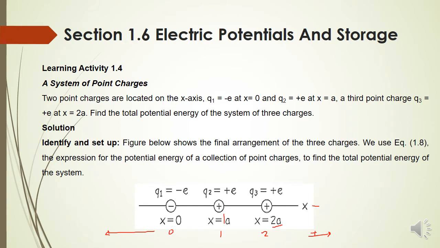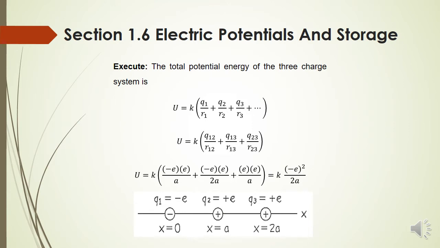Find the total potential energy of the system of three charges. The figure below shows the final arrangement of the three charges, and we use equation 1.8 to express the potential energy of a collection of these charges.